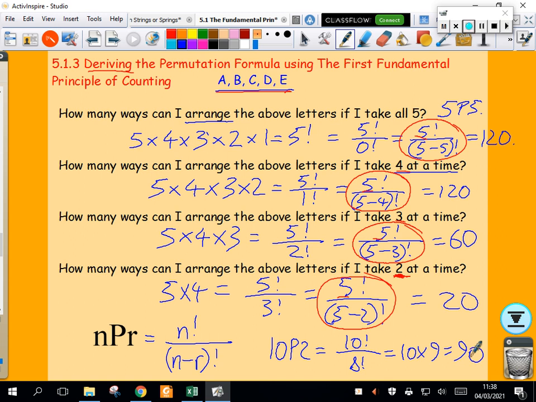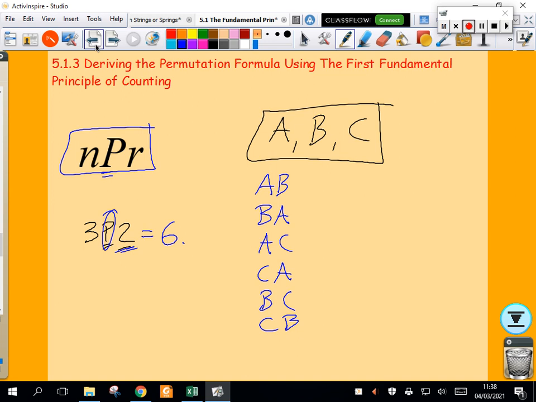Or you can just type into your calculator 10 permute 2. Okay, but do get into the habit of working it by hand. So we have our goal, which was to come up with a formula for nPr. We have nPr is equal to n factorial over n minus r factorial.